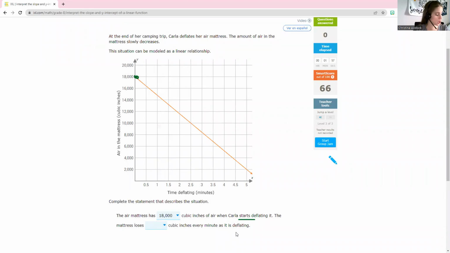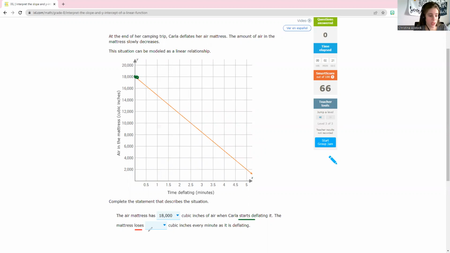Another reason I know that to be the case is if we look at our second sentence here, it's saying that it's losing, which makes sense because my graph is going down, it's decreasing, so the losing aspect would represent that negative slope. And then it's so many cubic inches every minute. So they've kind of already done the slope for us.